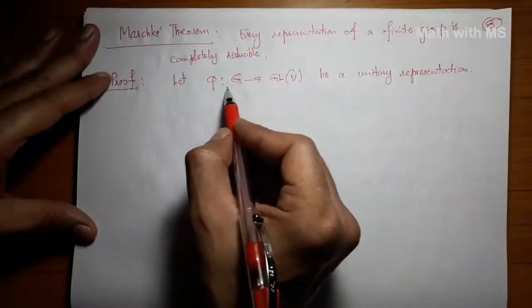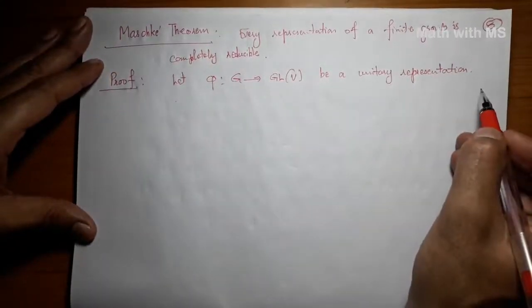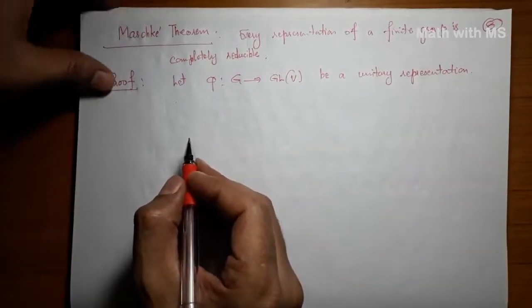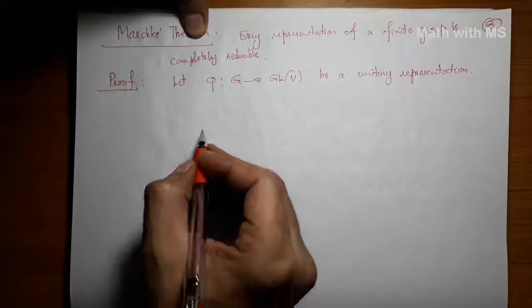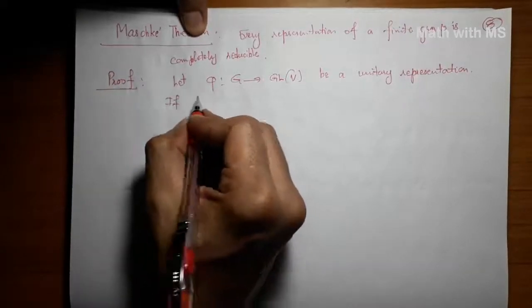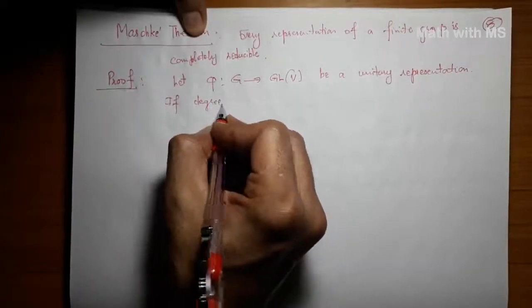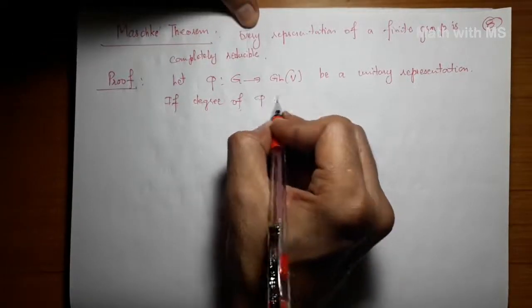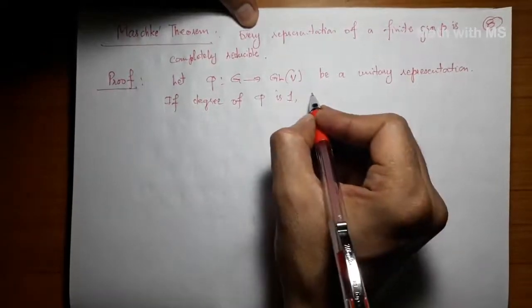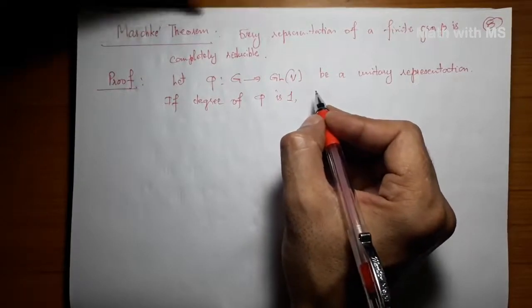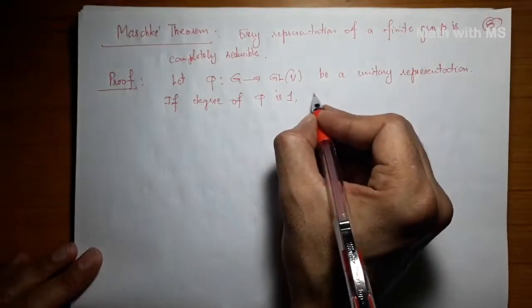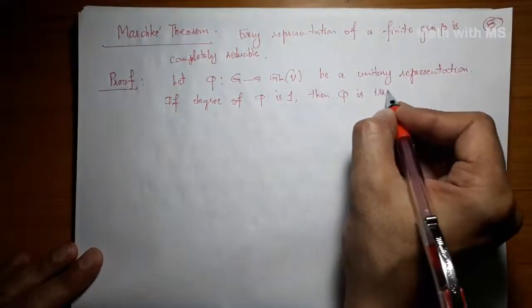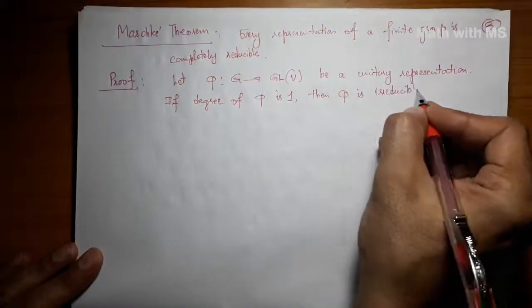So I can assume that my representation is unitary, and we will proceed by induction on the degree of the representation. If the degree of phi is 1, then it has to be irreducible. Every degree 1 representation is irreducible. Then phi is irreducible, and we are done.